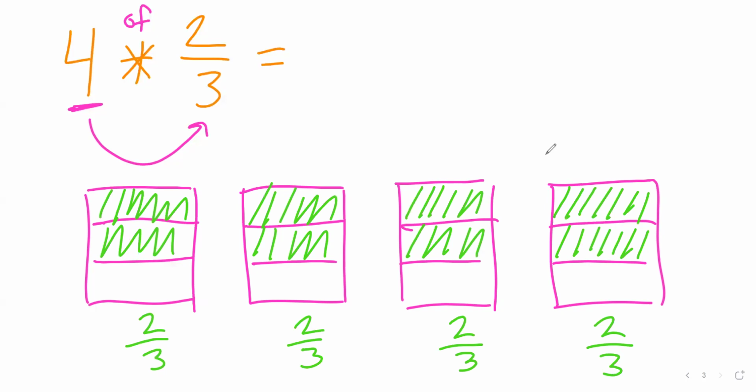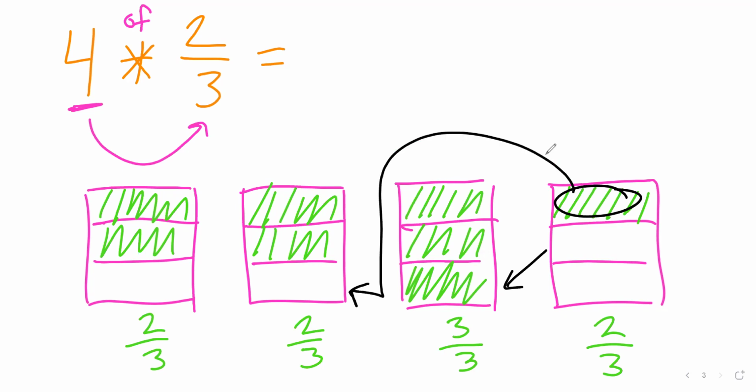What I'm gonna do is take this third and put it over here. Should we shade first? Let's shade first. So I'm gonna move that over. So this third I shade in right here. And then we're gonna get rid of it because we just moved it over. Meaning that this is no longer 2/3. This is actually 3/3. And then we're gonna take this third and put it over here, right?